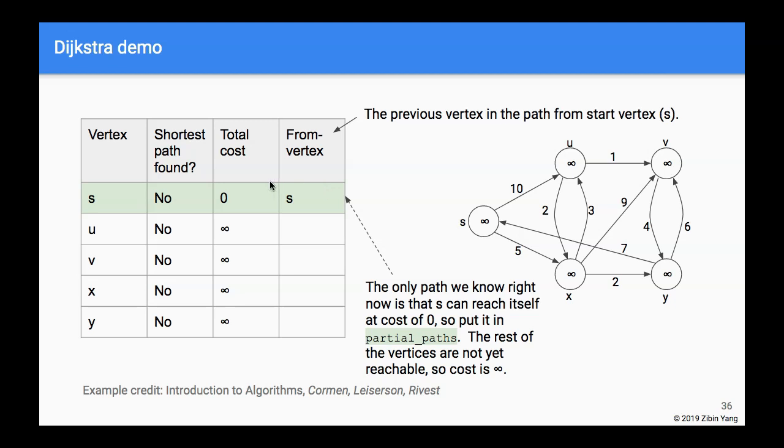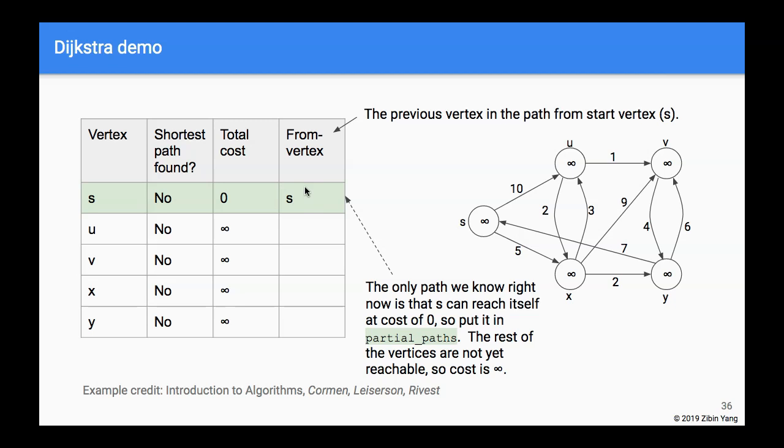Okay, and then we can see immediately that we can initialize this table with some information for S. So the total cost from S to S is 0, right? We should be able to get to S without going anywhere else. The previous node in that path is S itself, right?